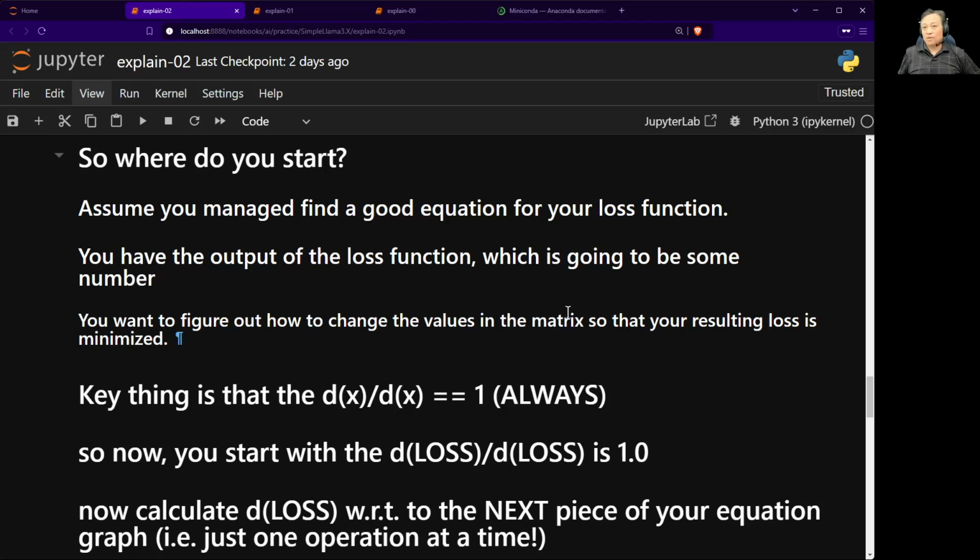or the general methodology. So if you have defined a good loss function, you have the output of the loss function, which is going to be some number, and you want to figure out how to change the values in the matrix so that your resulting loss is minimized.